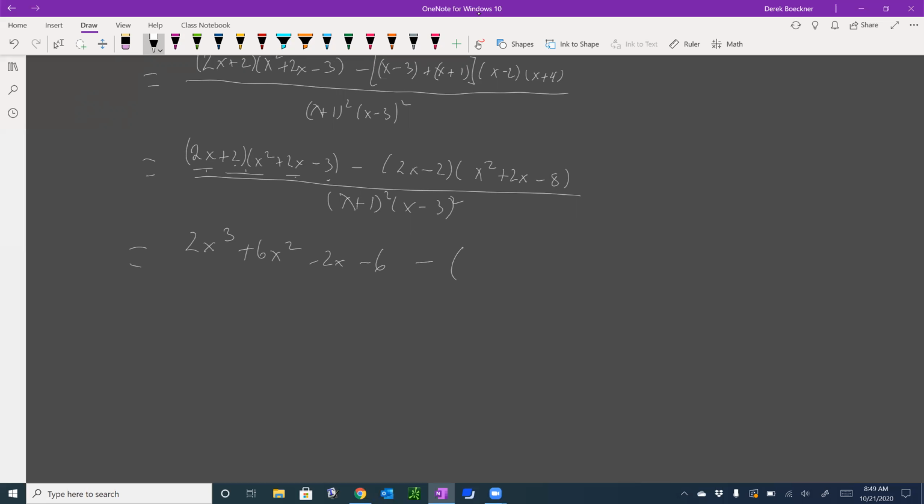And I've got a minus 2x cubed. How many x squareds? I've got minus 2 plus 4, so that's plus 2x squareds. How many x's? Minus 16, minus 4, minus 20 x's, and then plus 16.